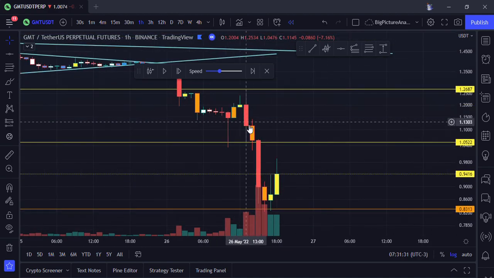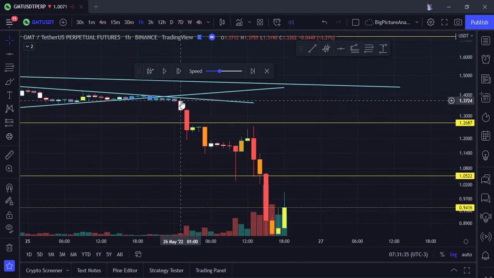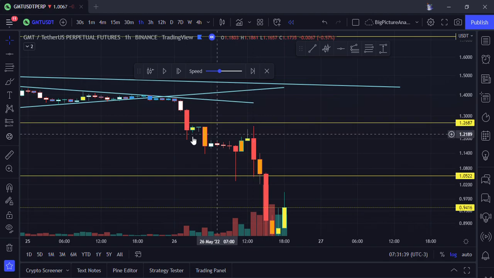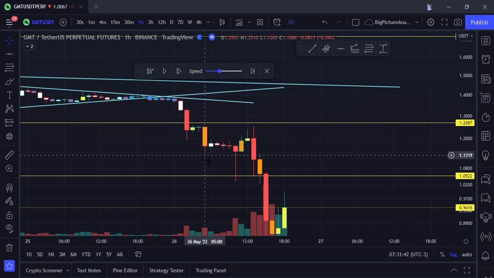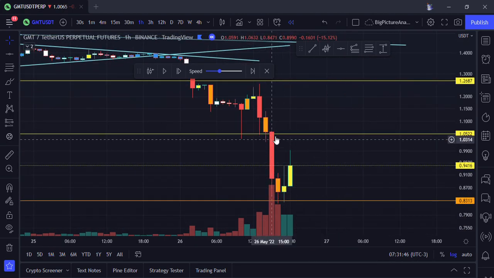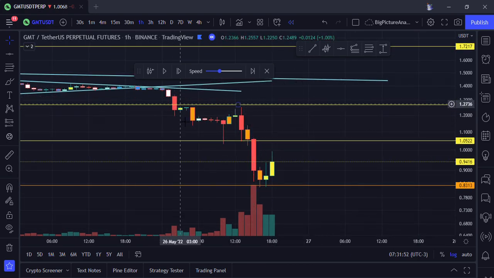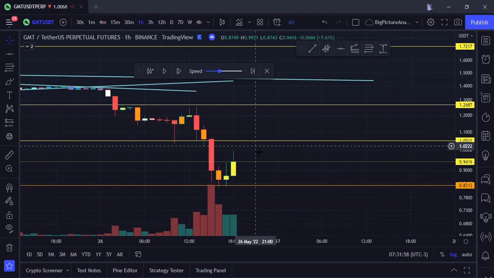Then you can see that you have here a high, then a lower high, then a lower low, a lower low. And it might break the support, right? If the price is going down and breaking the support so easily, you might say, if the price comes here again, it might break the support.